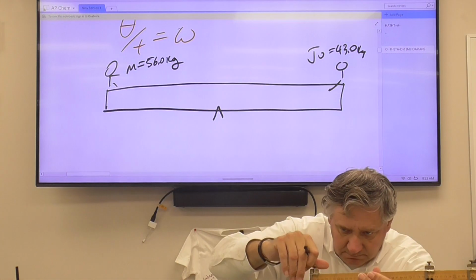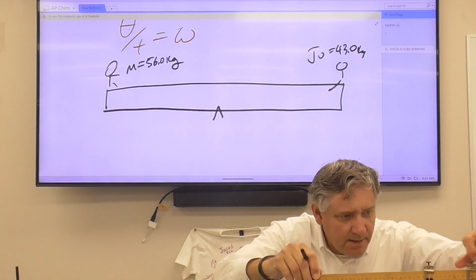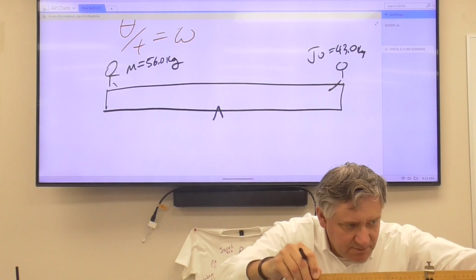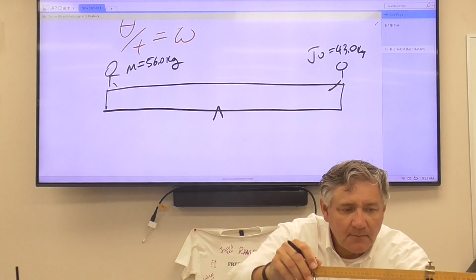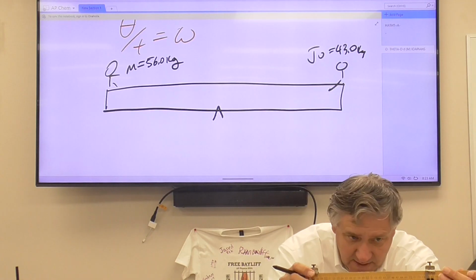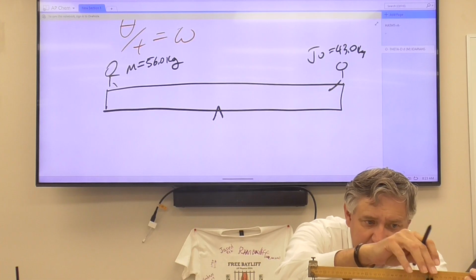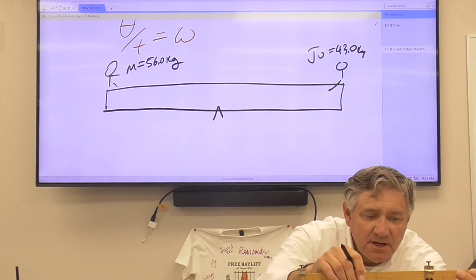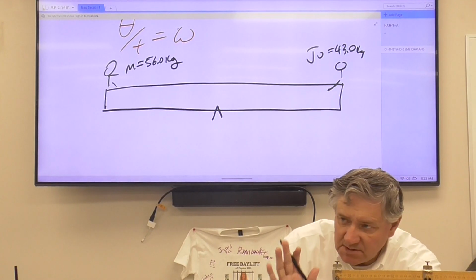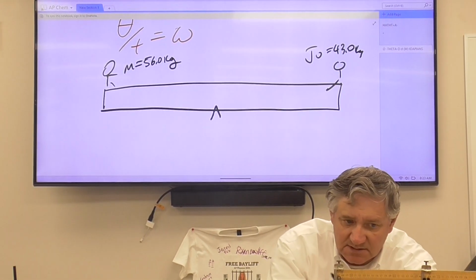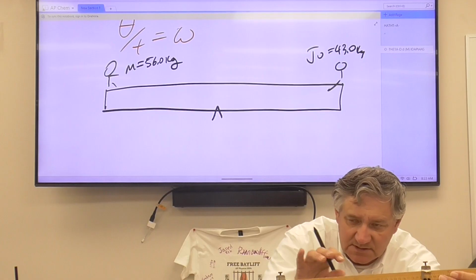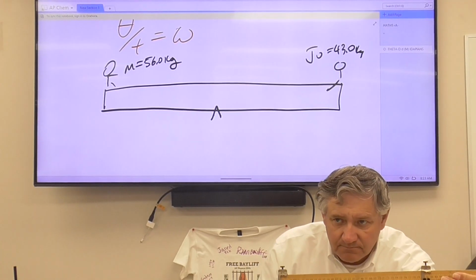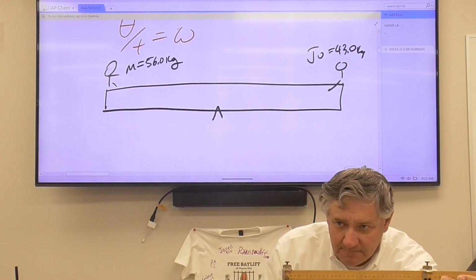Here's Joe, and there's George. They're sitting out there on the edges. I get to pick where this seesaw is going to balance. So what's going to be the bigger distance? The distance to Joe or the distance to George? Joe, because he has less mass.